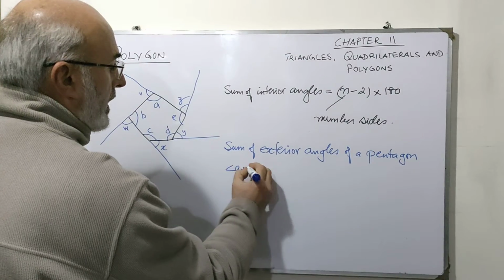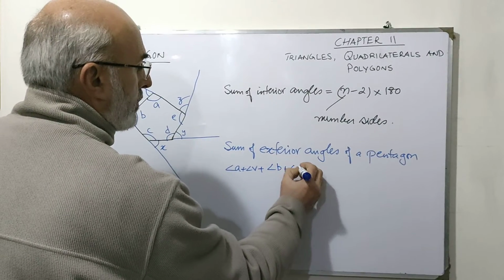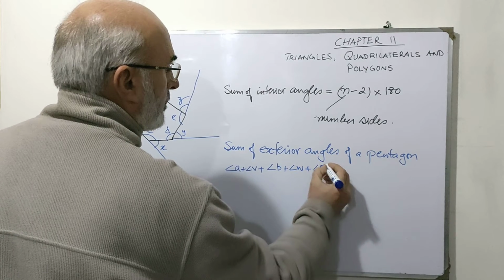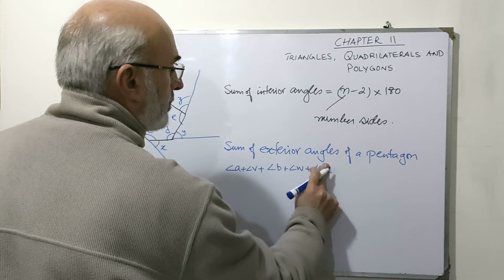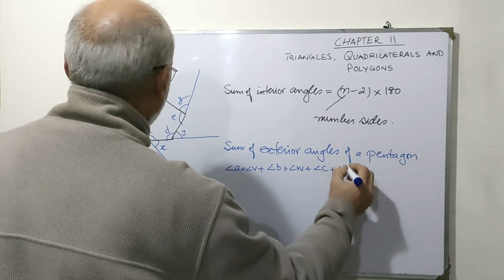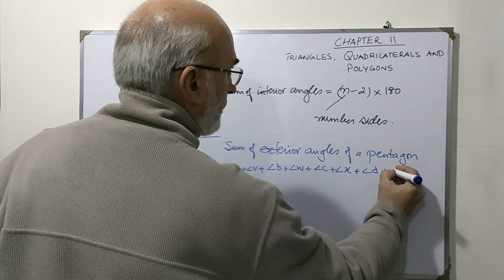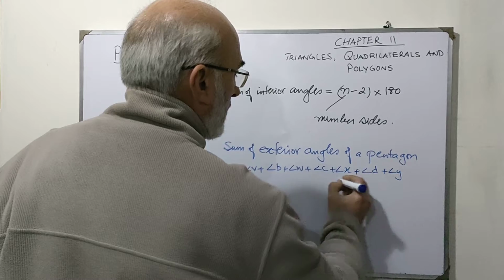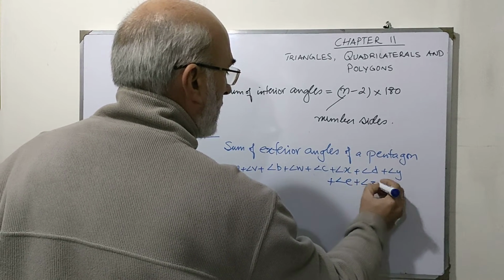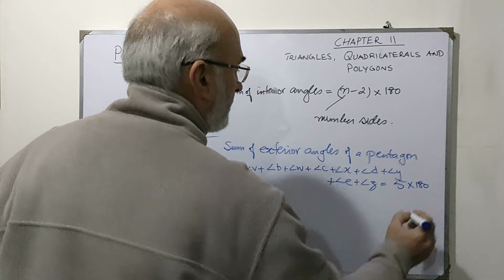Angle A plus angle V, plus angle B plus angle W, plus angle C plus angle X, plus angle D plus angle Y, plus angle E plus angle Z is equal to 5 sides into 180.